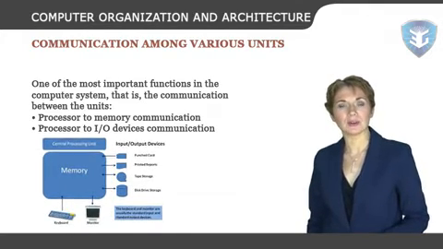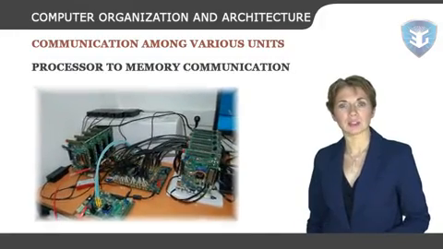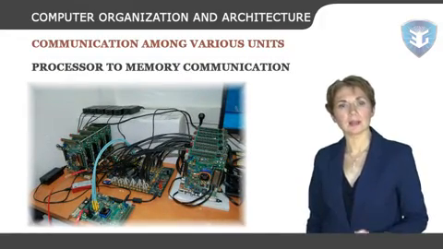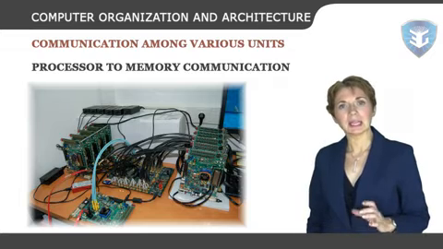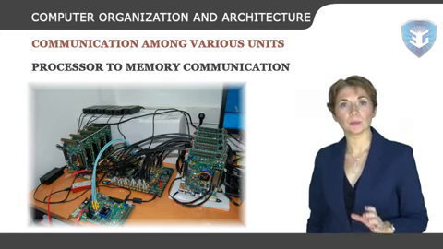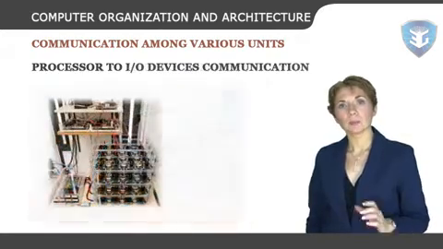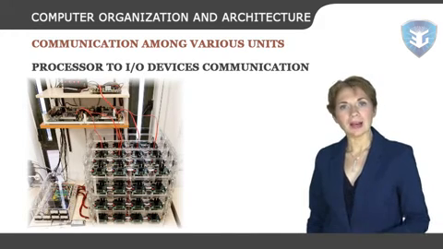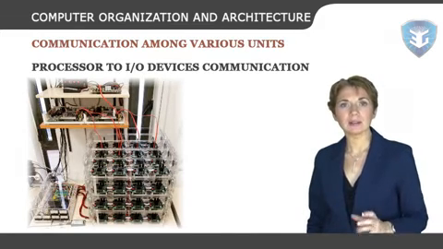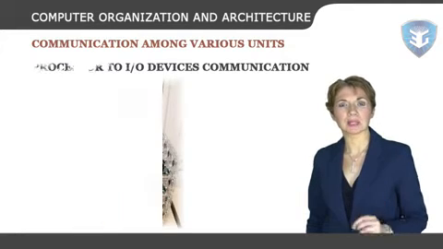Processor to I/O devices communication. Processor to memory communication. The whole process of communication between the processor and memory can be divided into two steps, namely information transfer from the memory to the processor and writing information in the memory. Processor to I/O devices communication. When I/O devices and memory share the same address space, the arrangement is called memory mapped I/O.